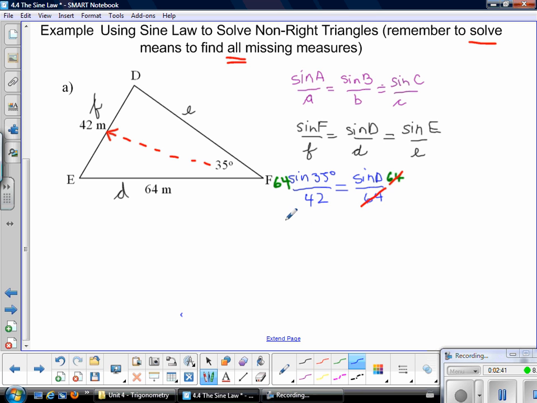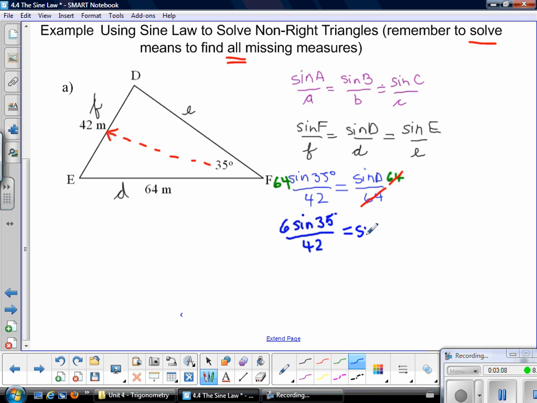So I have 64 times the sine of 35 divided by 42, and that equals sine D.